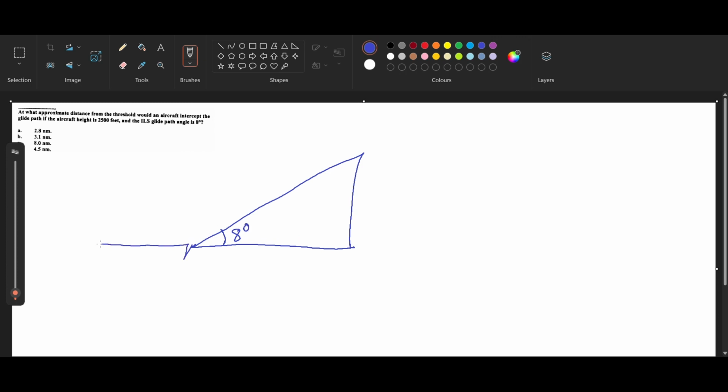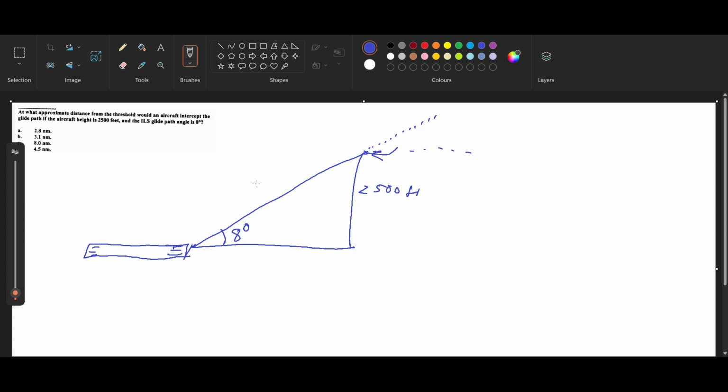This is the threshold, consider this as runway. If the aircraft height is 2500 feet, suppose the aircraft is here. We want to know when the aircraft will intercept this glide slope. So let's assume this is 2500 feet and the aircraft intercepts here.